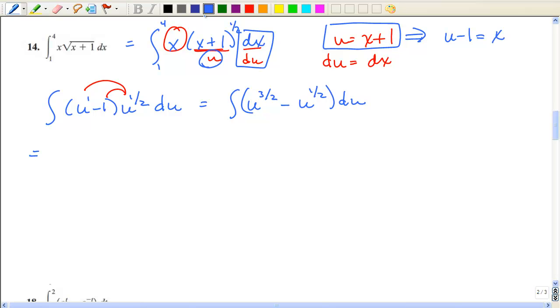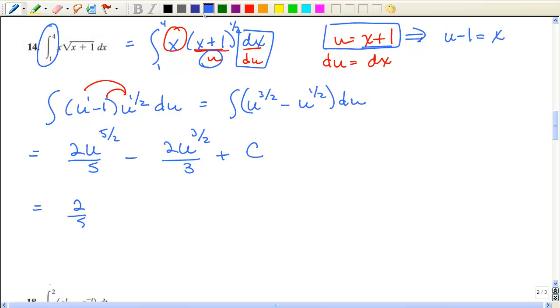So add 1 to the exponent, multiply by the reciprocal, same thing here. And if it was an indefinite integral, I'd have a plus c, but I don't. I have a definite integral, but it's in terms of x, so I need to go back and put in what u is. So I have 2/5, and u is x plus 1 to the 5/2.